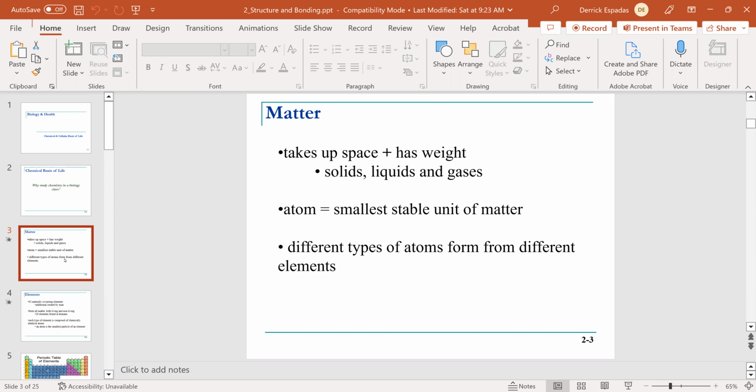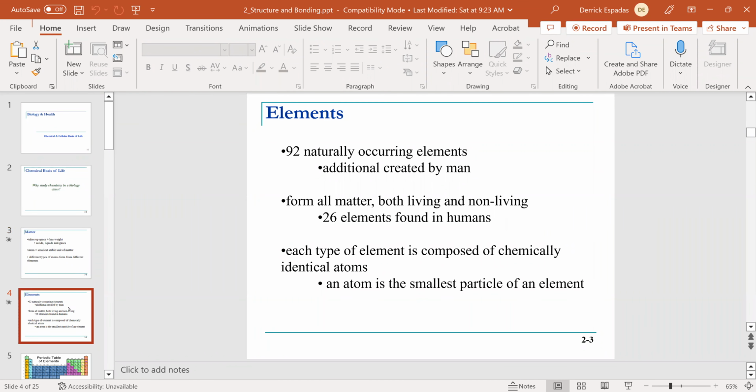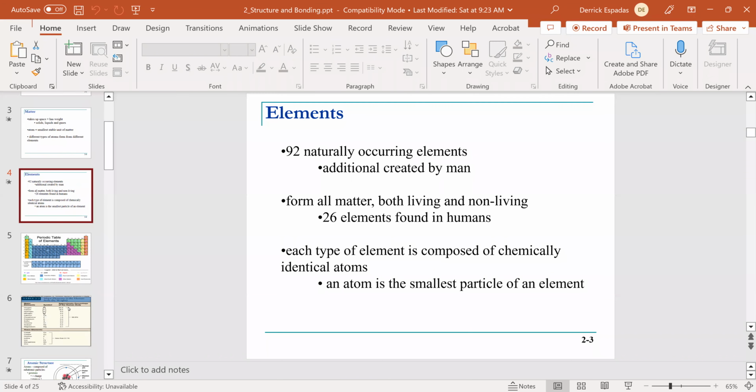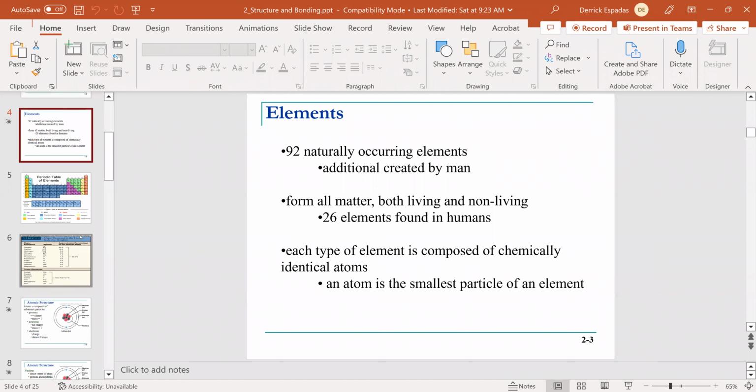Different types of atoms form the different types of elements. There are 92 naturally occurring elements. There are some extra ones that were actually created, and they form all matter, both living and non-living. Humans are made up of 26 elements, and each type of element is composed of chemically identical atoms. Remember, the atom is the smallest particle of an element.